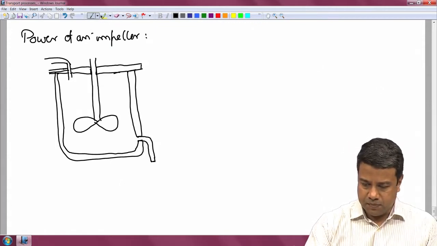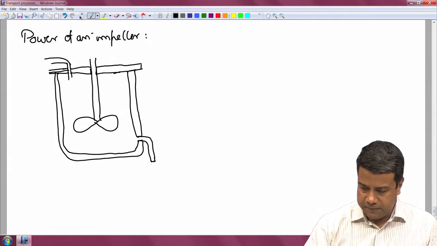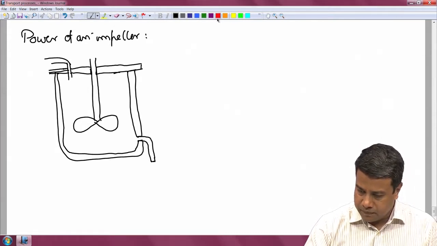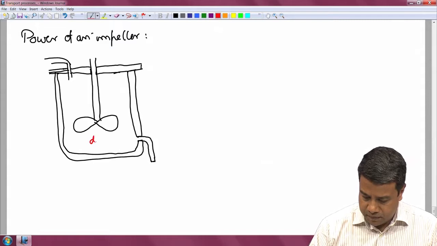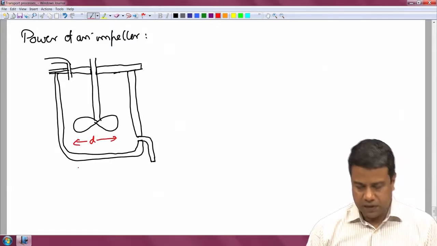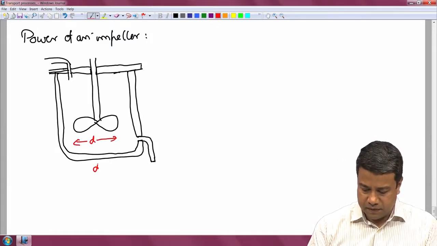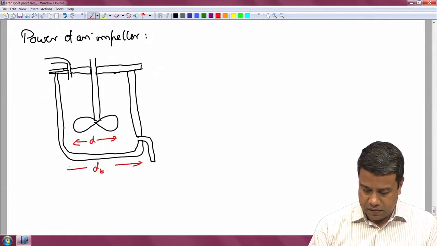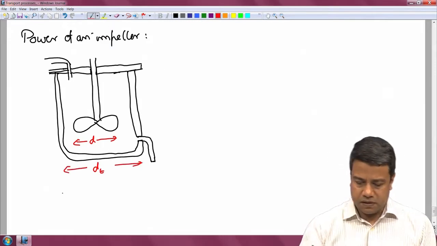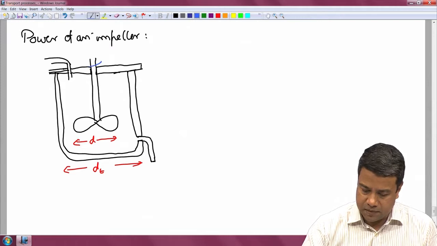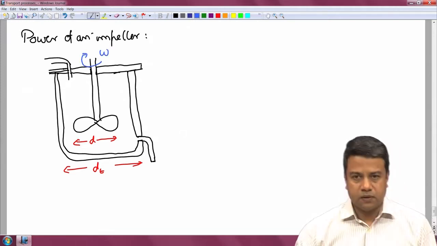And let us assume that the impeller has some diameter d. The tank has some diameter, and it is rotating with some angular velocity omega.